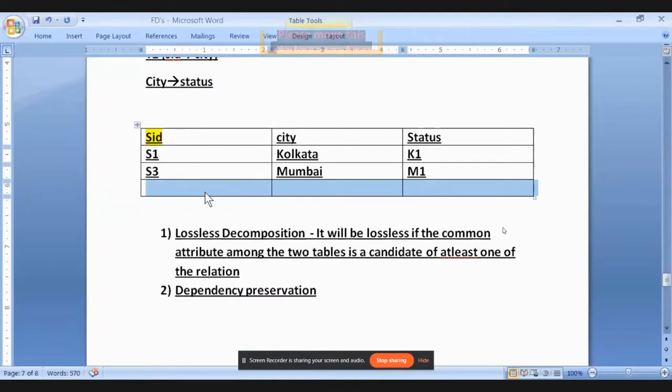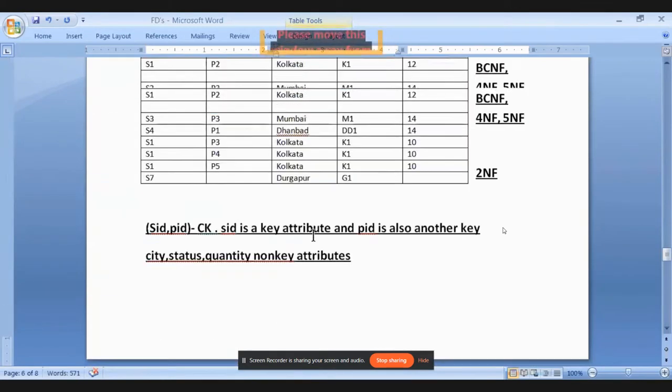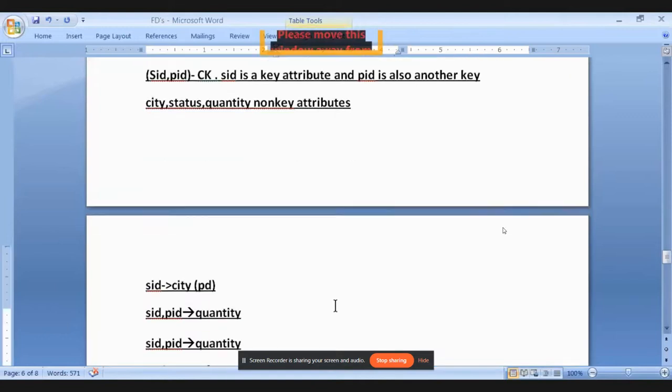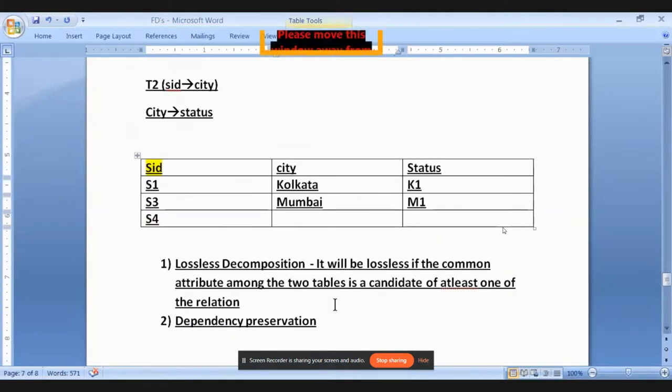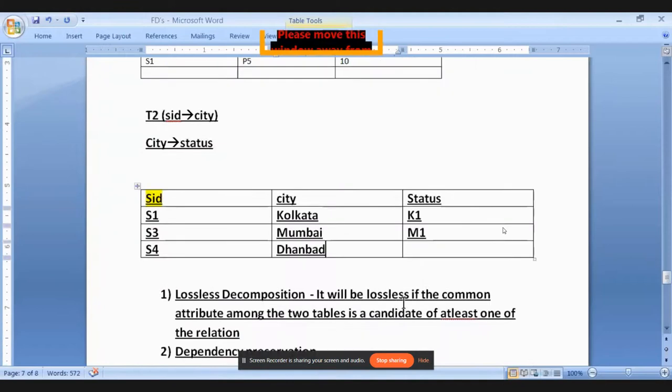Where does S4 stay? S4 stays in Dhanbad, and the status of Dhanbad is DD1. So suppose this is the data.